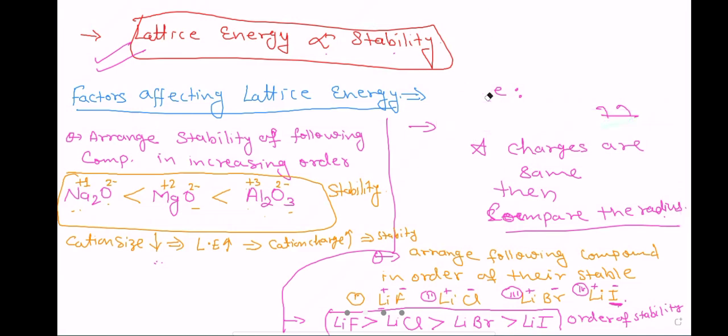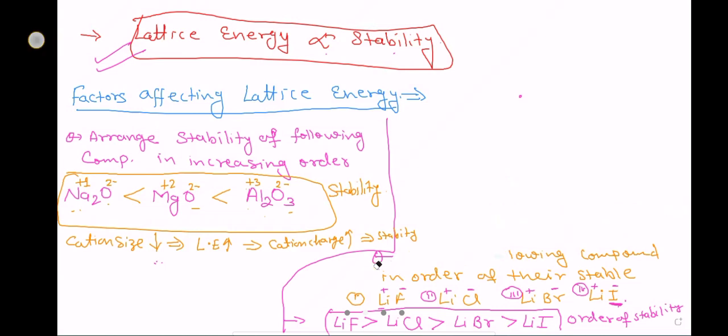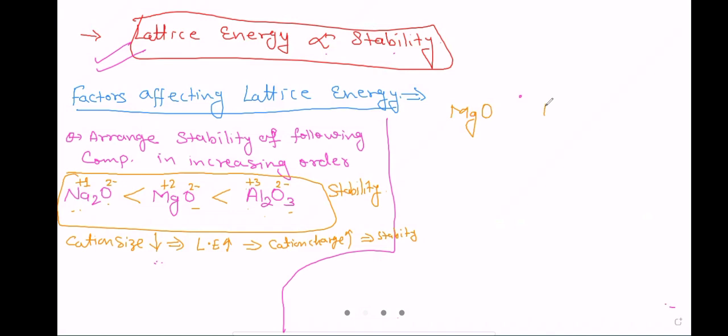One more question. MgO, MgS. Which one has greater lattice energy in these two? Both metals have the same size and same charge, and sulfur and oxygen have the same charge. Now you will go for the size. Mg2+ in both is the same size.